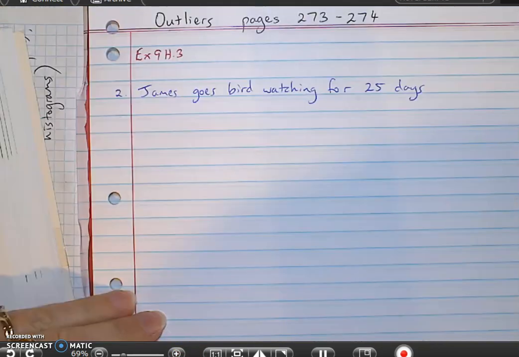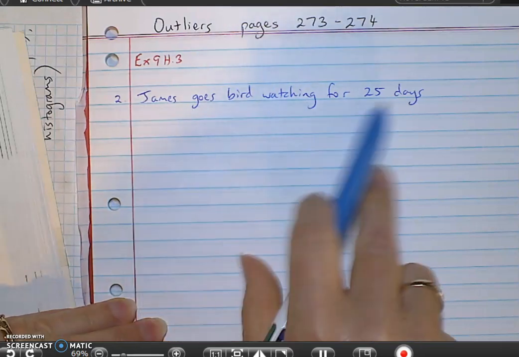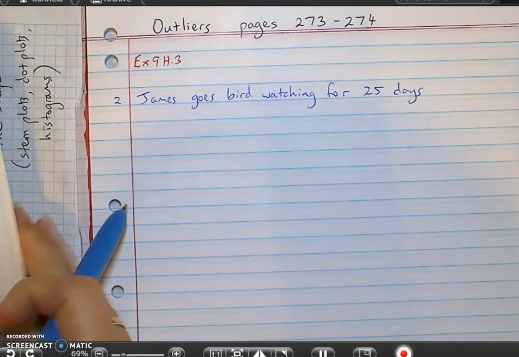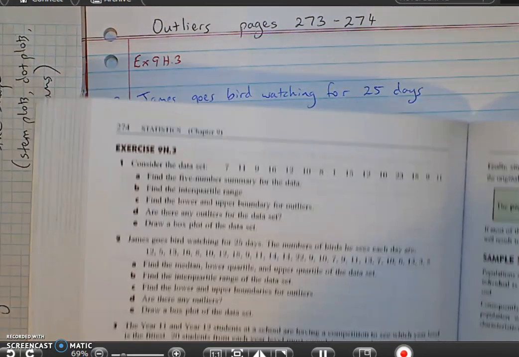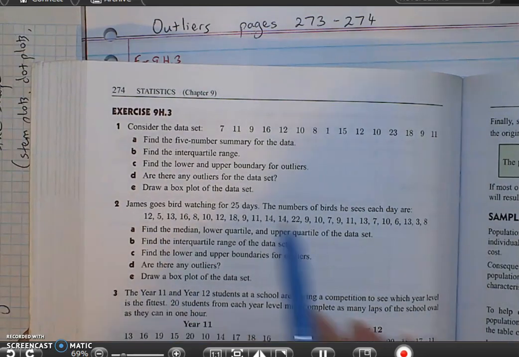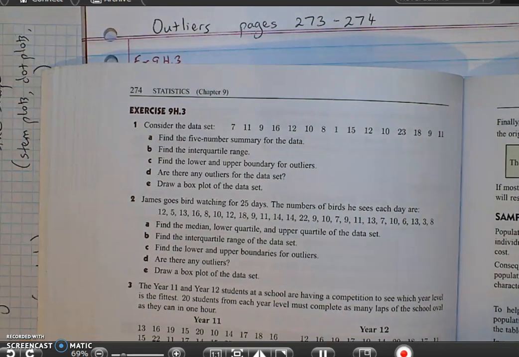Okay, so we're looking at number 2. James goes bird watching for 25 days. So what we're going to do is look at all the numbers, and there are 25 of them, so you need to put them in order from smallest to largest. Okay. Press pause and do that now.